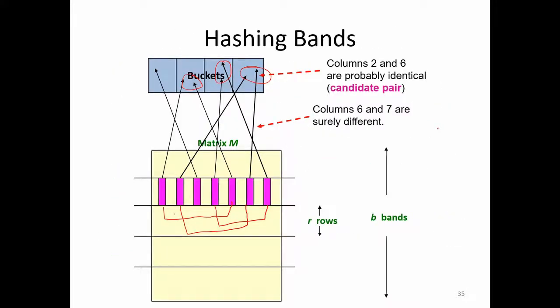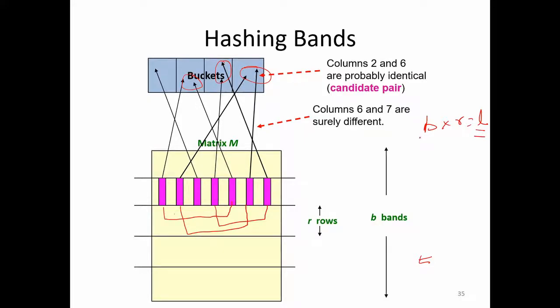If your number of bands B is more, then you basically have R as less, because your B times R is now fixed. So you have a fixed B times R, equal to, let's say, some M, or let's put it as something like L. So B times R is L, and this is fixed.